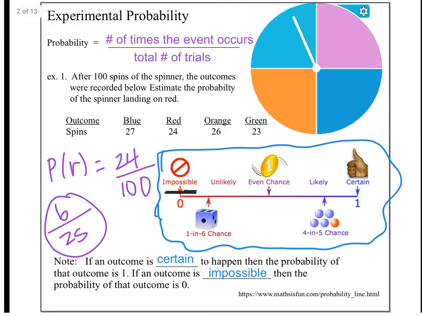So there's 0 chances of that happening. If an outcome is certain, it's 1, okay, which means it's going to happen. It's guaranteed. Our probability here for the red was 0.24, 24 out of 100. So that's closer to the unlikely side. It's closer to the 0. And then we also use the word likely when it's closer to certain but not certain.